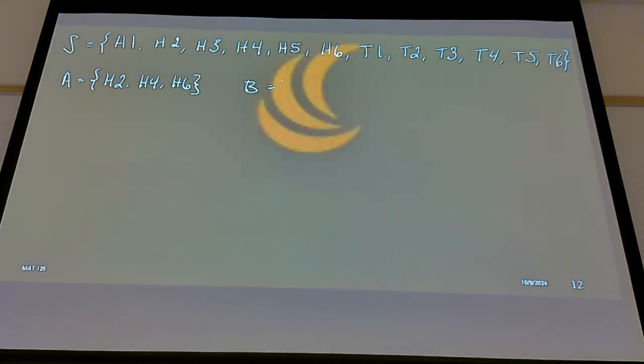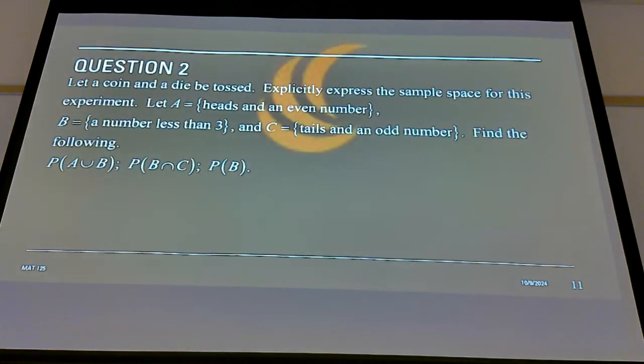B, a number less than 3. H1, H2, T1, and T2. And finally, C, tails and odd.